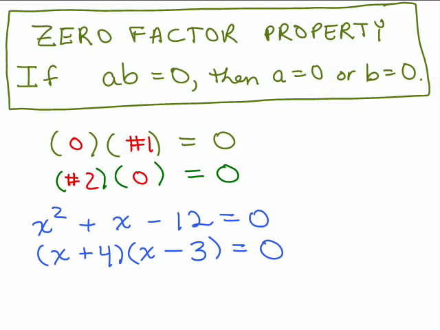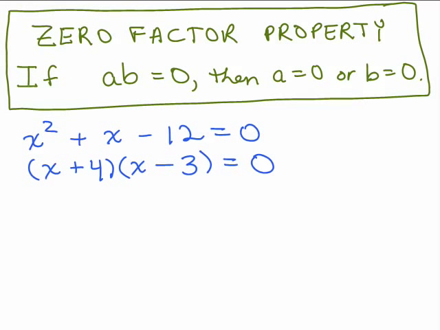So x squared plus x minus 12 equals 0. x plus 4 times x minus 3 equals 0. Now, how are we going to use the property? We take each factor and we say, well, if the first factor was equal to 0, we'd have a solution.